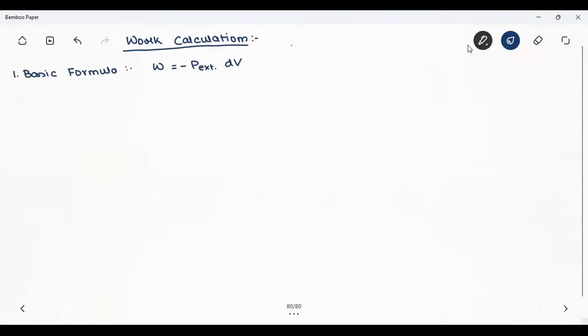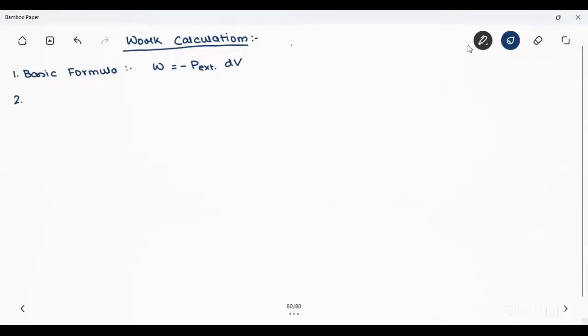Remember, we consider P external just for the irreversible process. For a reversible process, since P external is equivalent to P internal, we calculate the work considering P internal. Okay. Now, what is the next thing we have learned? We have learned about the units. I am not going to the units.